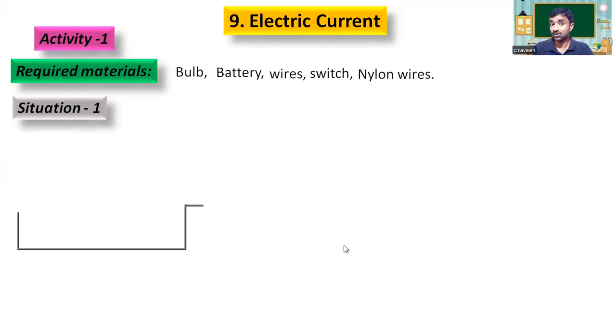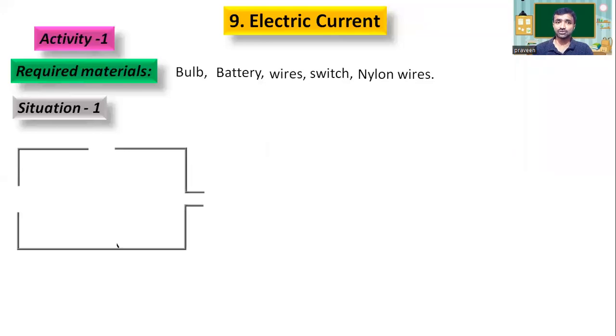So using the wires, I created it like this: three wire pieces with three gaps between them, arranged on a table or a thermocol sheet, whatever you can use. Just make a path like this.